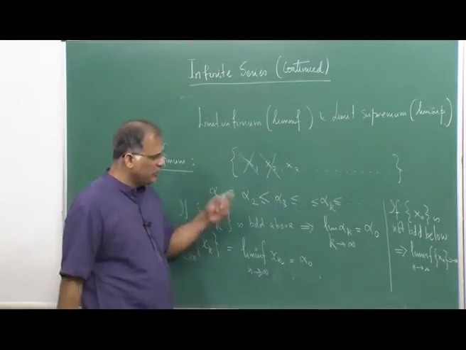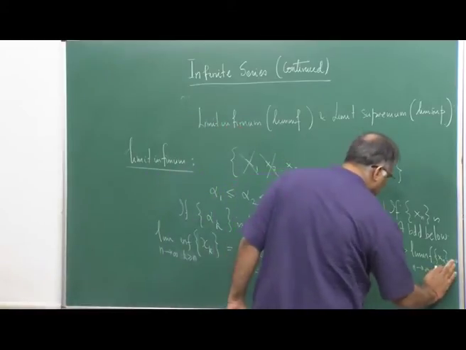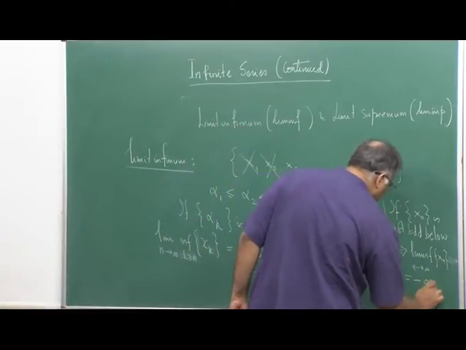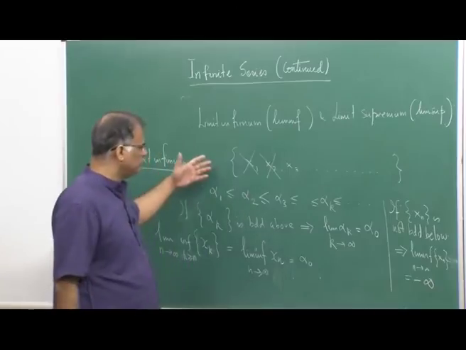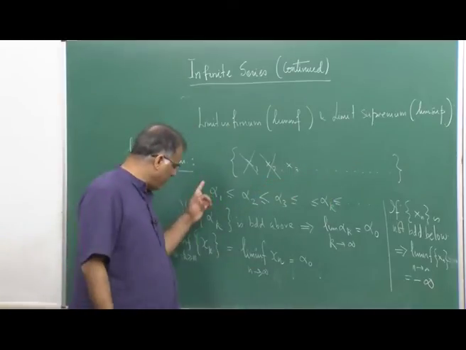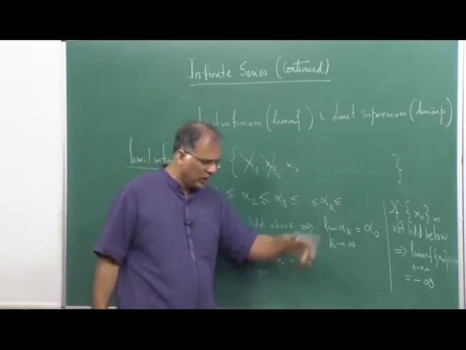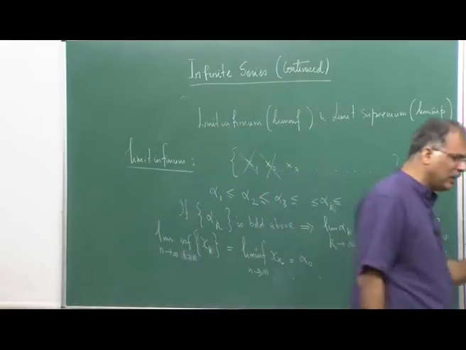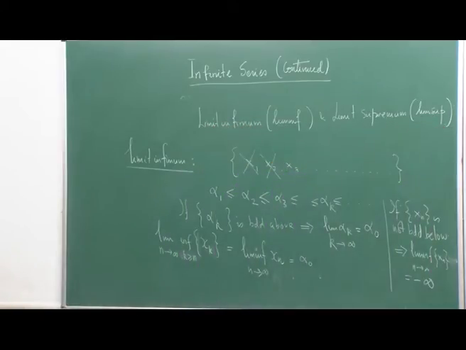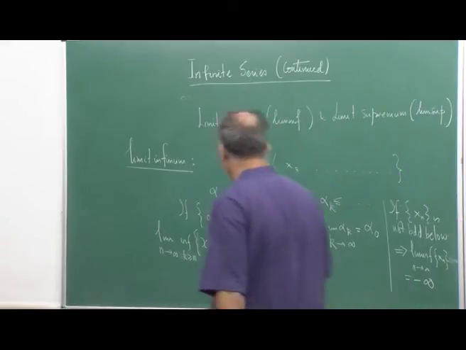Suppose this is bounded below, so you have alpha 1, alpha 2, alpha 3, alpha k, but if this alpha sequence is unbounded, it does not matter. Then my limit infimum again won't be finite, it will be plus infinity.